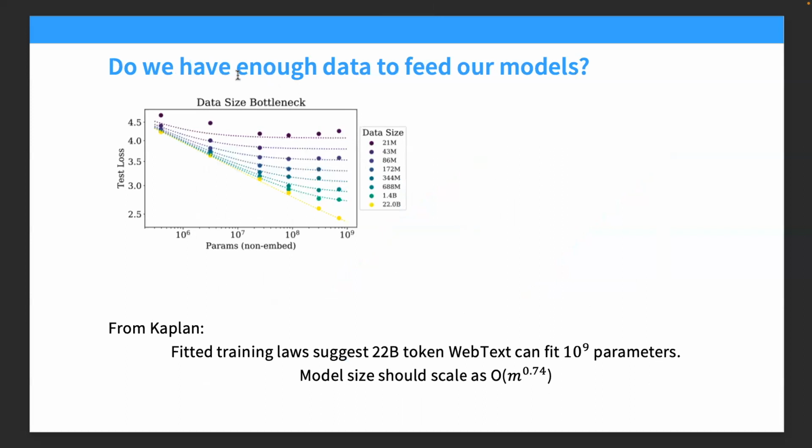And then there is always the question: do we need to collect more data, or do we need to increase our model size?